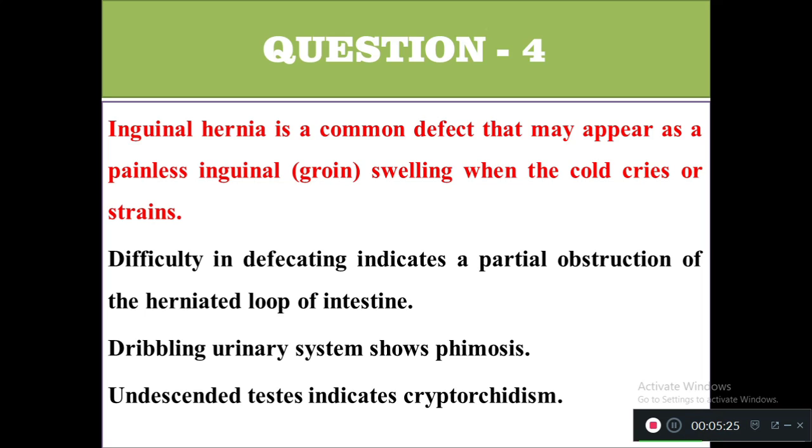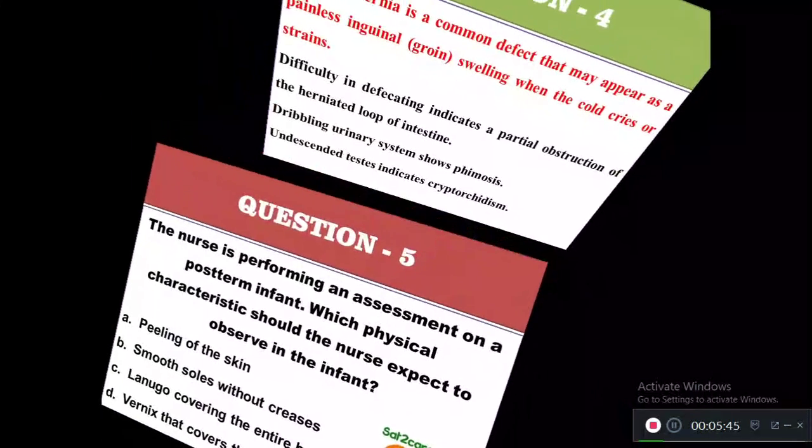Difficulty defecating indicates a partial obstruction of the herniated loop of intestine. Dribbling urinary stream shows phimosis. Undescended testis indicates cryptorchidism.